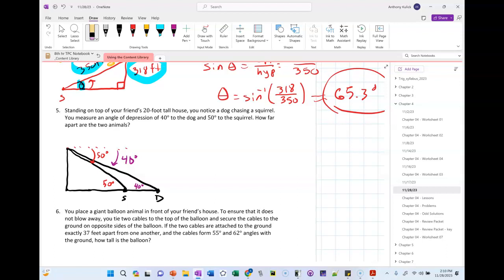Then it asks how far apart are the two animals? The house is 20 feet, I forgot to write that. So we're looking for that distance right there from S to D. I can do this without a ton of steps, but I'm going to do a little. I'm going to call those corners B and T for bottom and top. So if I look at this, I see two right triangles.